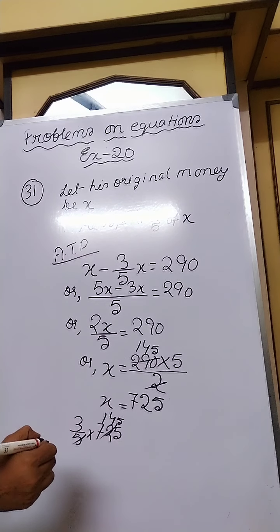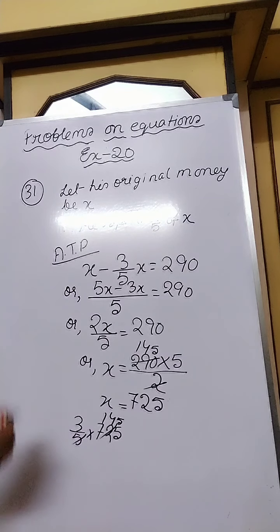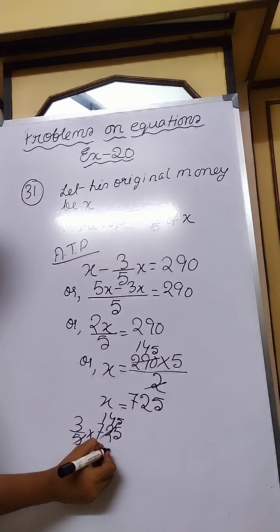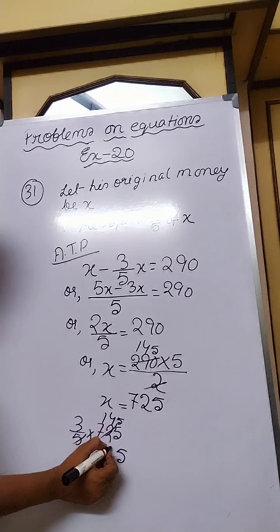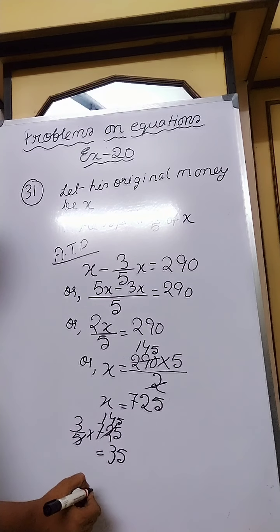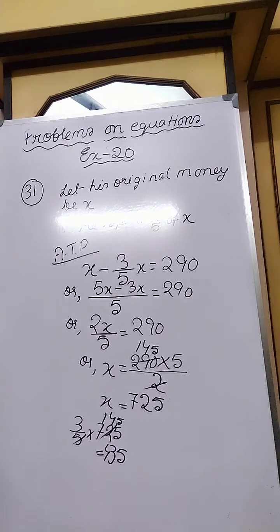So 145 into 3 is 435. That means 435 he has already spent.